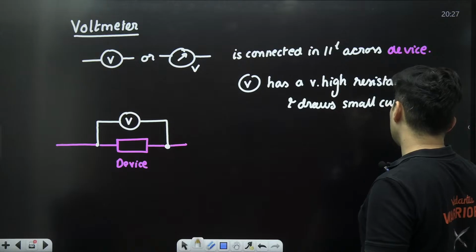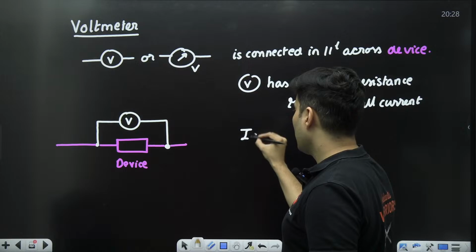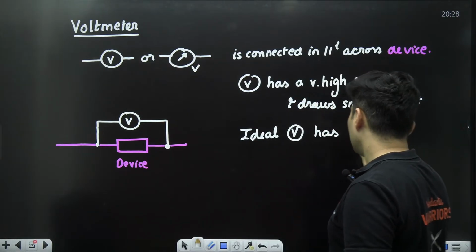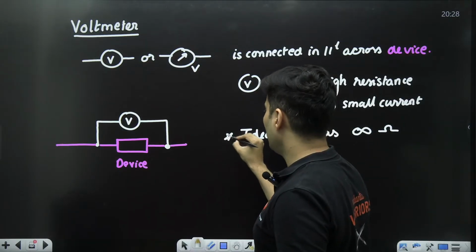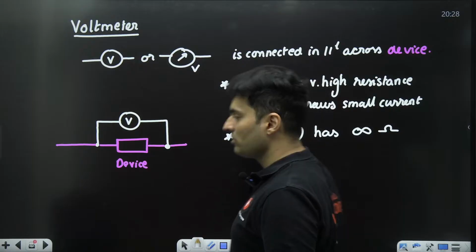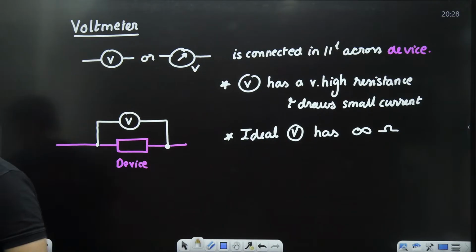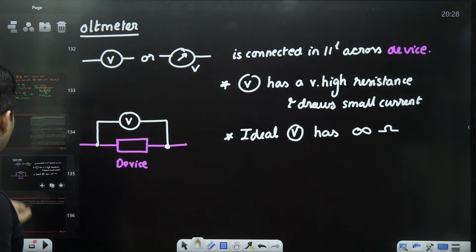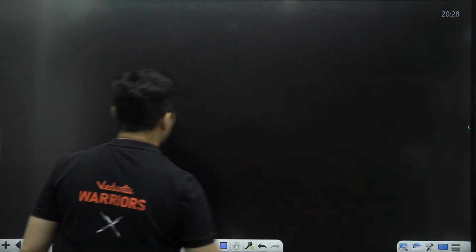It also means that an ideal voltmeter has infinite ohms of resistance. Yes, correct. So, coming back to the point, how do I make a very large resistance from a galvanometer?